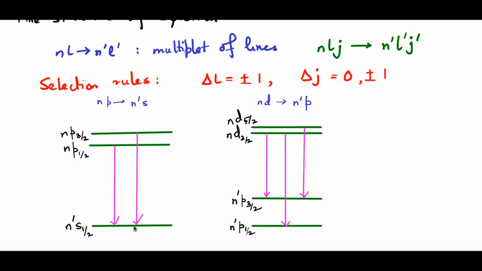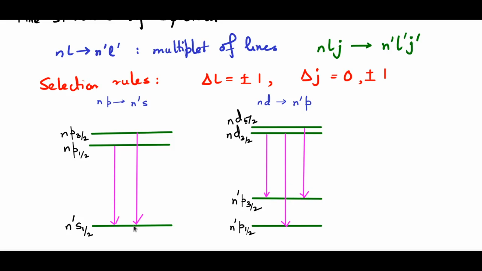Now, in the case of nd going to n prime p, a transition from d to p, d of course is l equals 2. So now you can have two different j values, 3 by 2 and 5 by 2. These are larger j values, so the splitting here is different also because of the larger value of n compared to n prime. In n prime you have n prime p 3 by 2 and n prime p half. There is another shift. So you have another pair of levels.